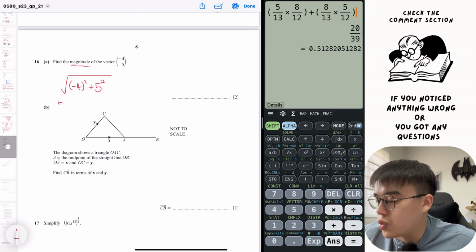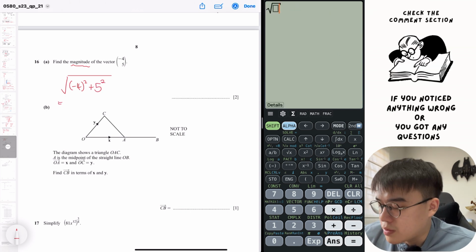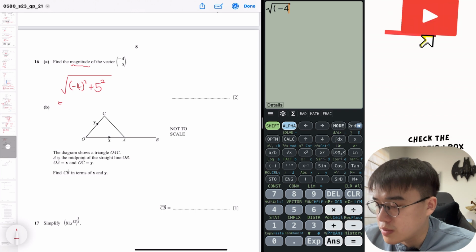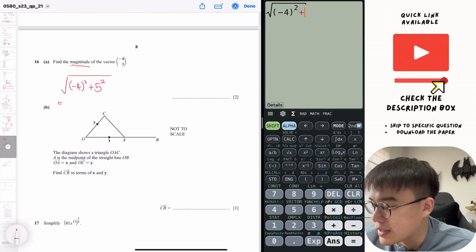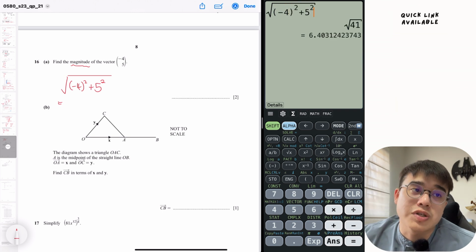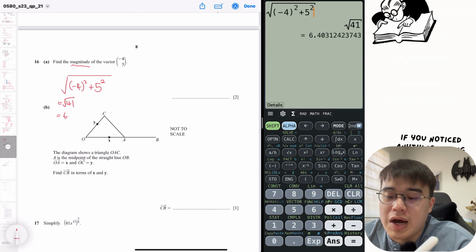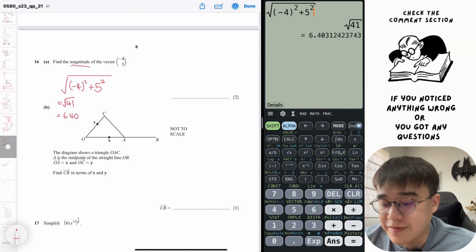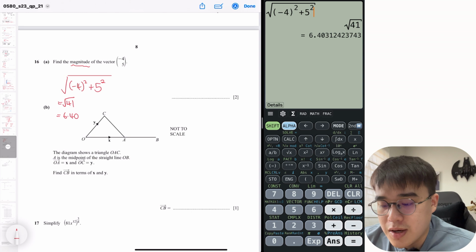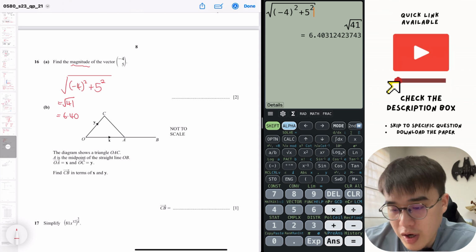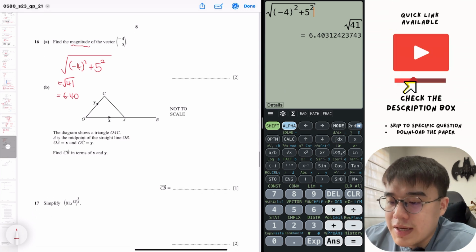Magnitude is also known as using Pythagoras' theorem to find the slanted line here. So that will be square root of 41, which is about 6.40 after correcting it to 3 significant figures. Okay, so moving on to part B of it.